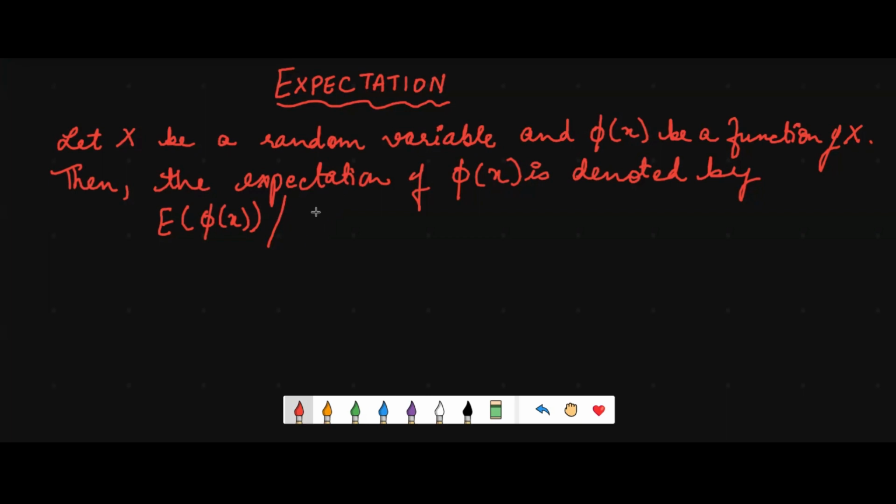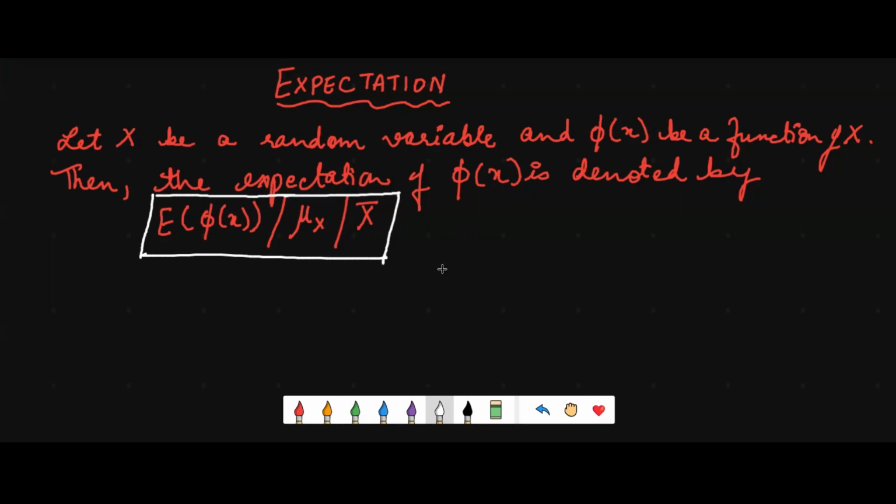So it is also denoted by mu x, or we could say x bar. So these are some of the notations that you need to remember for expectation of a function.